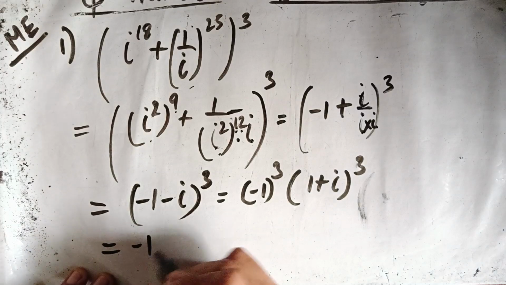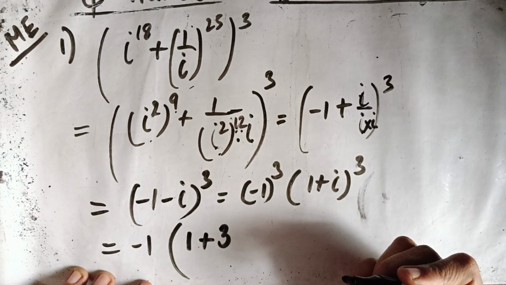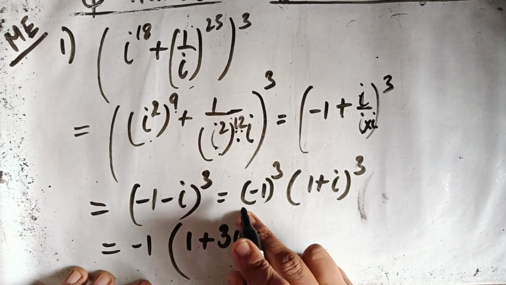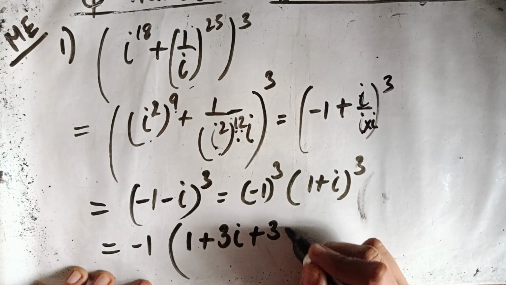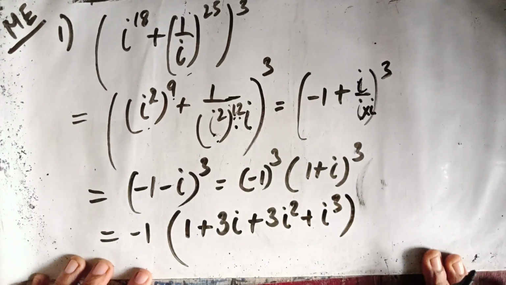So using A minus B the whole cube, writing we will get 1 cube plus 3 a square b plus 3 a b square plus b cube. Okay.